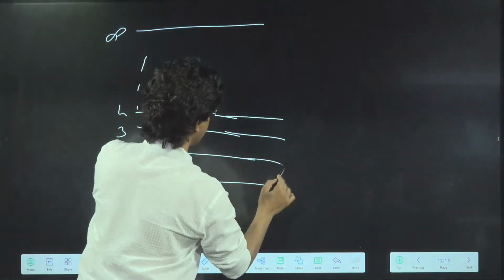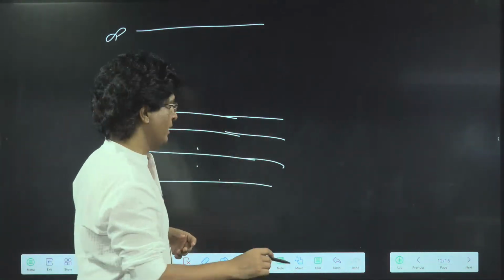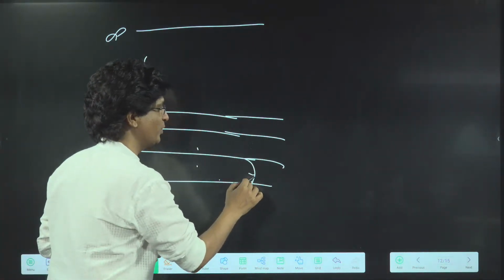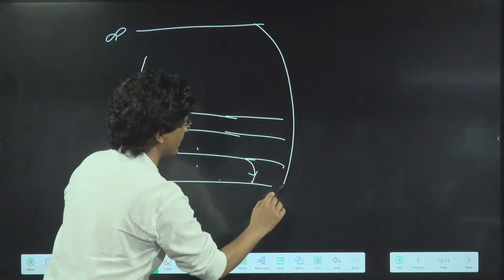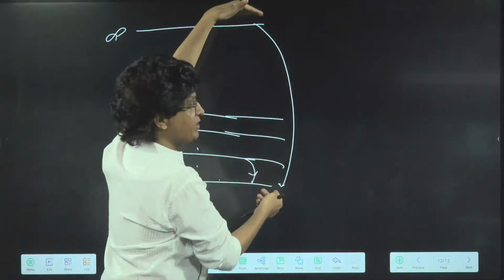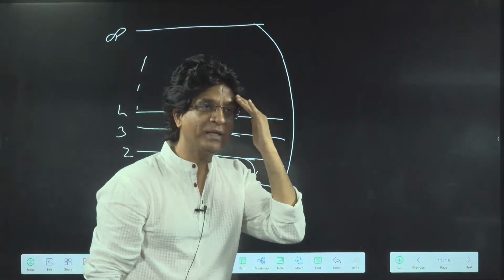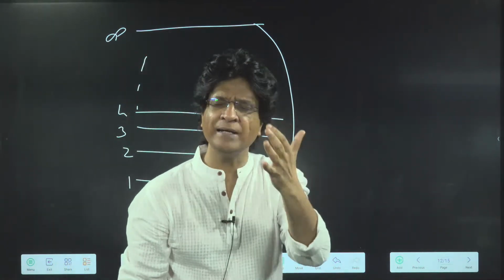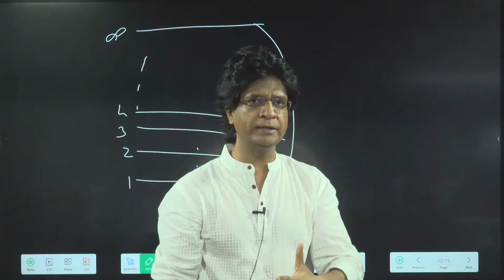So you can assume these orbits as floors of a building. Tell me one thing: if you jump from orbit number 2 to 1, or you jump from infinity to orbit number 1, in which case do you find the energy gap is more? There has to be something called common sense.